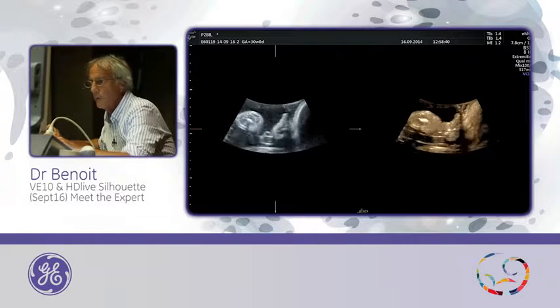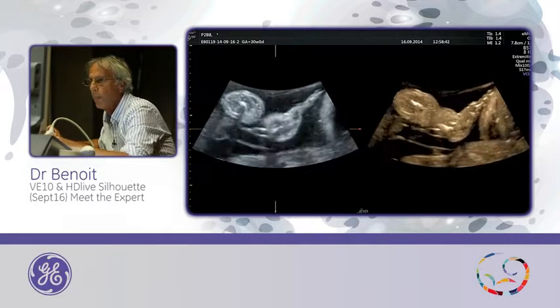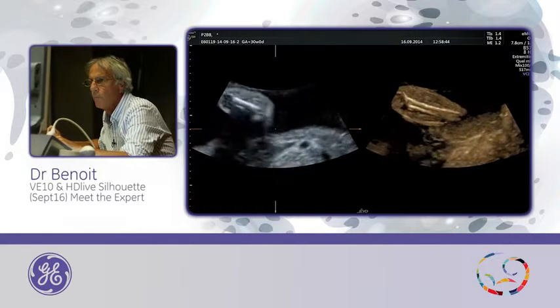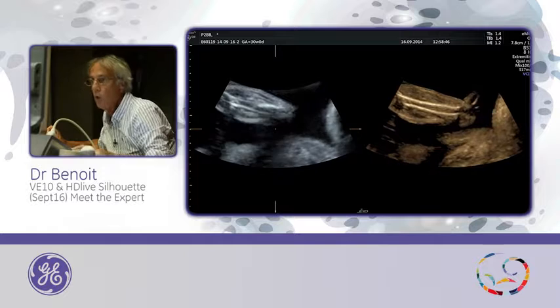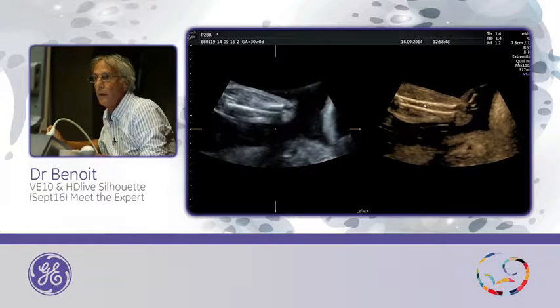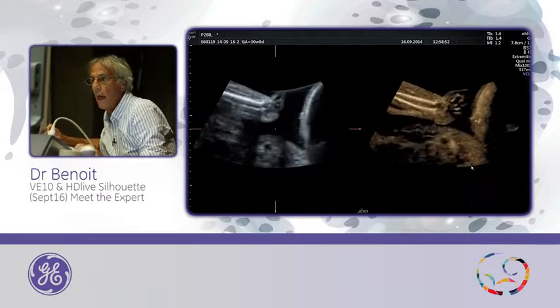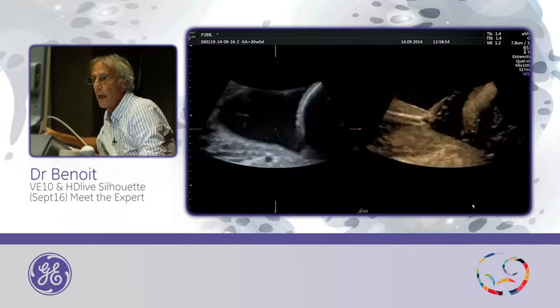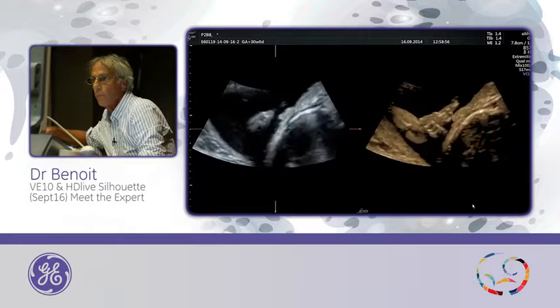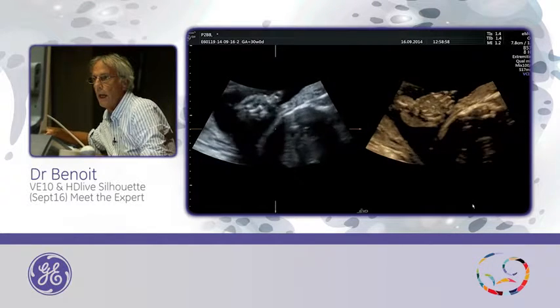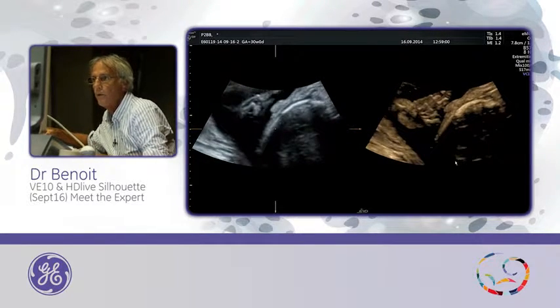I will try to find the... Okay. You can see here, when you play with this thickness, you can see the forearm with the two bones, hands with fingers, and especially late in the pregnancy, it's quite difficult to obtain.